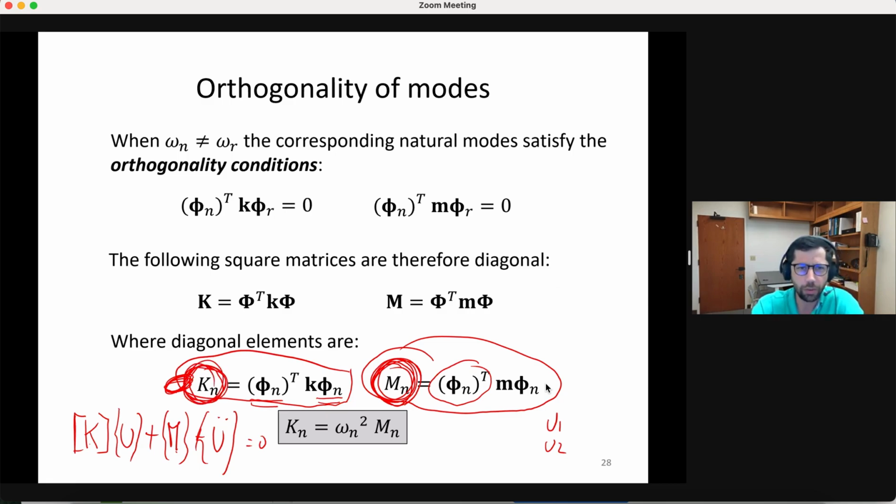Okay, so a modal analysis is a very powerful tool, because instead of solving a system of n differential equations, I will end up solving n single degree of freedom systems, meaning n differential equations in which the mass is defined in this way and the stiffness is defined in this way. This operation is called the decoupling of the equations of motion.